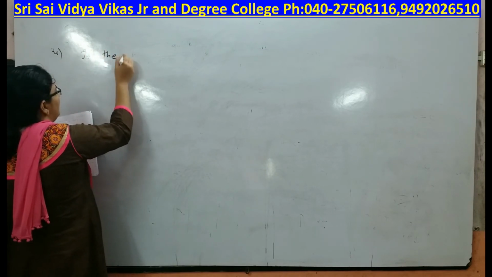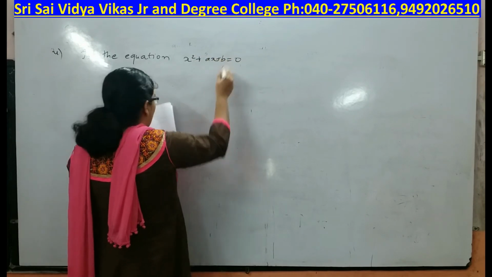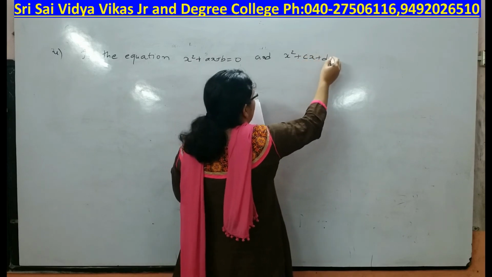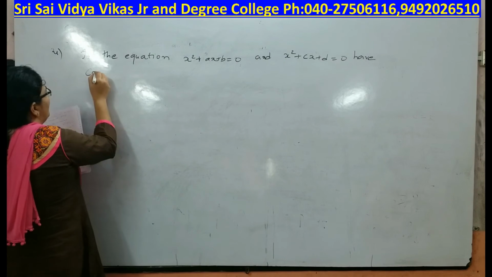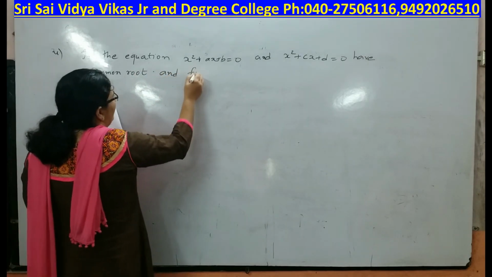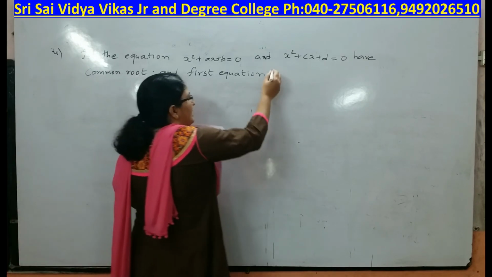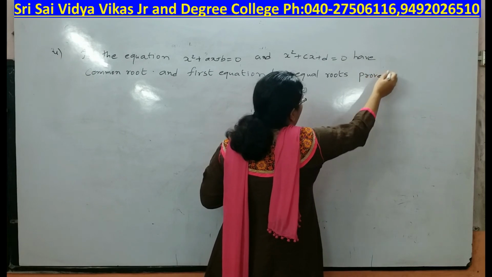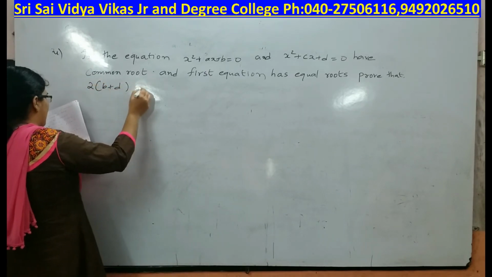If the equation x square plus ax plus b is equal to 0 and x square plus cx plus d is equal to 0 have a common root and the first equation has equal roots, prove that 2 into (b plus d) is equal to ac.